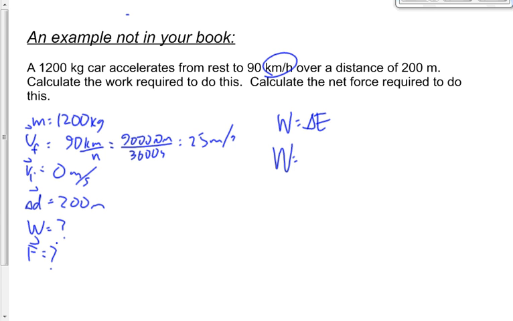What does it have after it speeds up? Kinetic. It's moving, right? So the final energy, Ef, is going to be 1/2 m Vf squared. What kind of energy did the car have at the beginning? It's sitting there, right? Nothing.